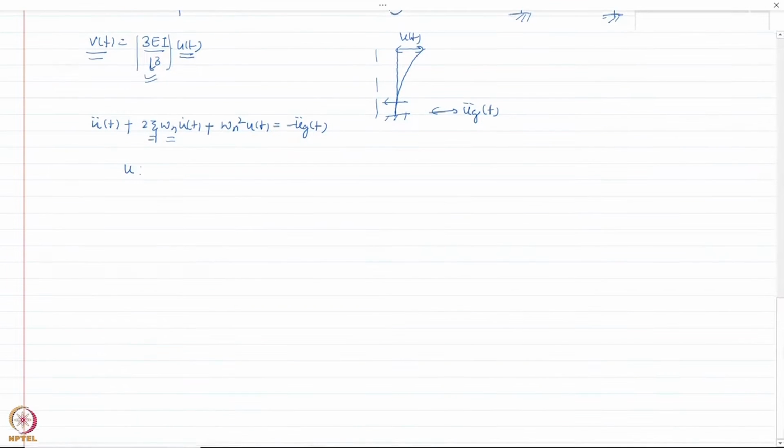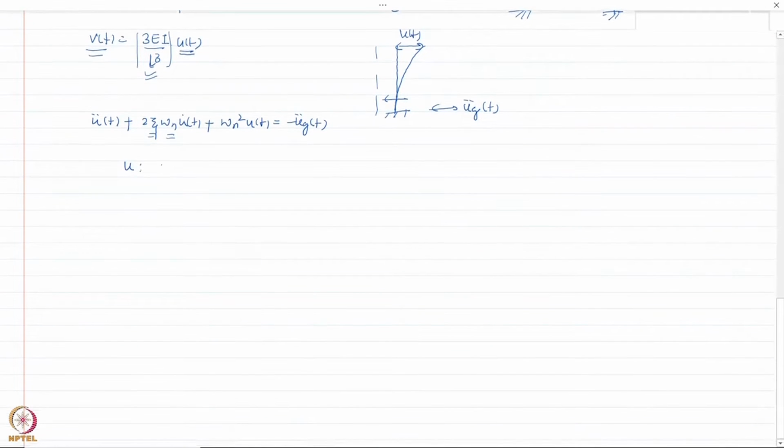So basically u, or the displacement, depends only on omega n, or you can also call this Tn, basically the time period, and the damping in the system, only these two parameters. So I can write my u(t) as a function of, of course, the time t, and then the time period of the system and zeta, which is the damping in the system.